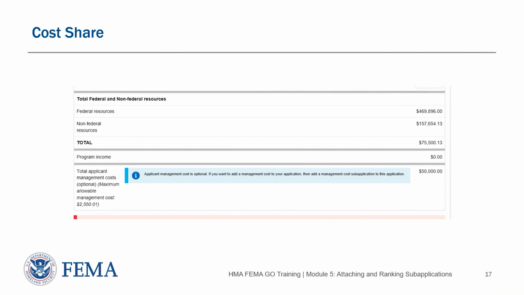You'll need to adjust your management costs to fit within this acceptable range. And you can see that the FEMA GO system tells you what the maximum allowable management cost is in the system. It may be easier if applicants finalize all non-management cost sub-applications first, and then create and attach the management cost sub-application as the final step, and that will be displayed on the budget screen.